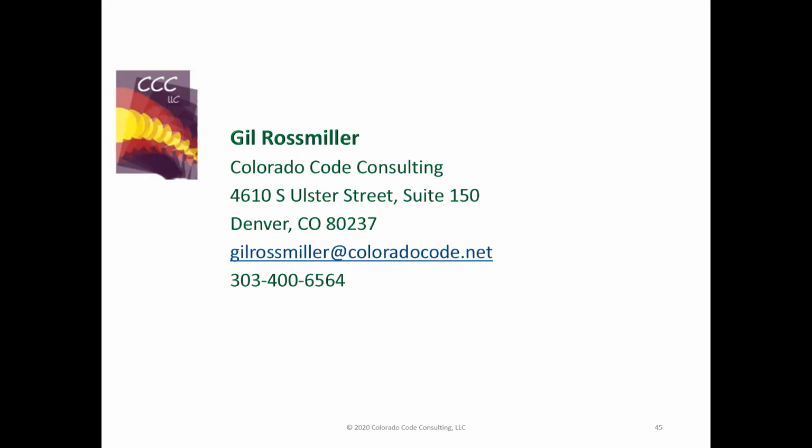There are only a very few softwares that are ACCA approved. You go to the ACCA website and you can look up the approved softwares. There's plenty of Manual J things online that are free, but they're not ACCA approved.